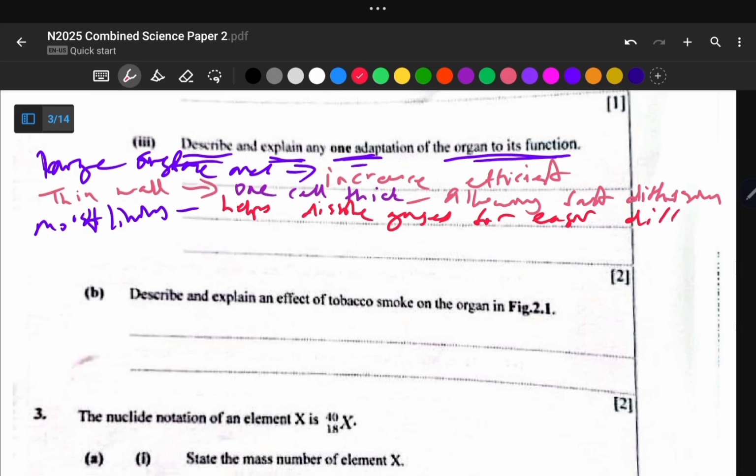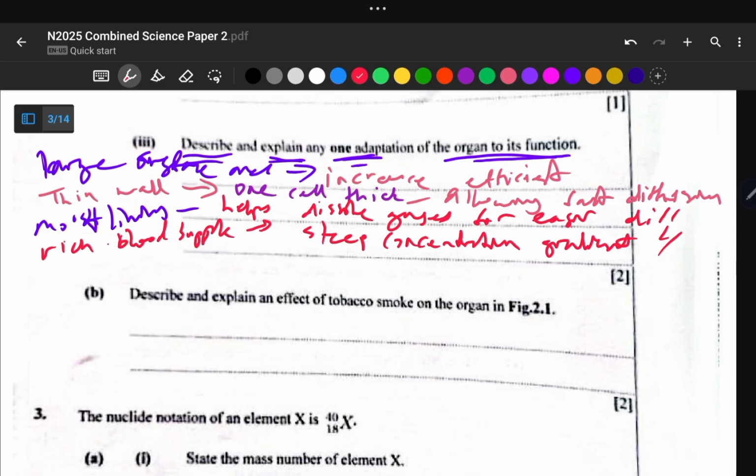And then they are highly vascularized, meaning they have a lot of blood vessels, so a rich blood supply. They have a rich blood supply to create a steeper concentration gradient to aid faster diffusion. As simple as that. So these are the adaptations of the alveoli to its function.